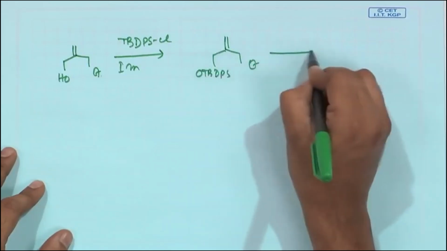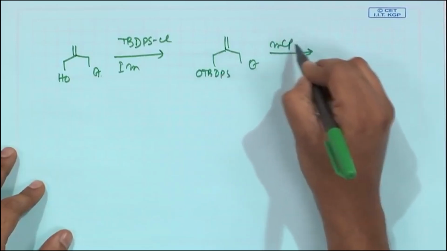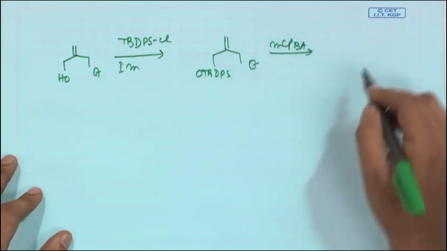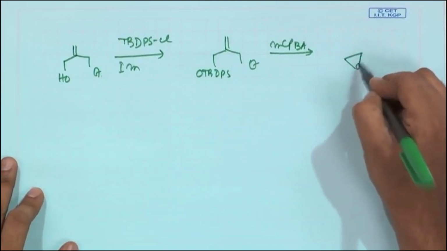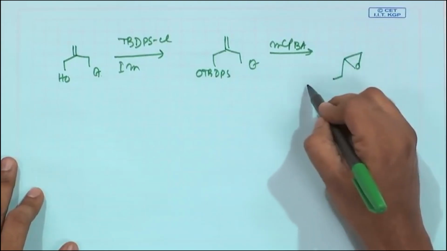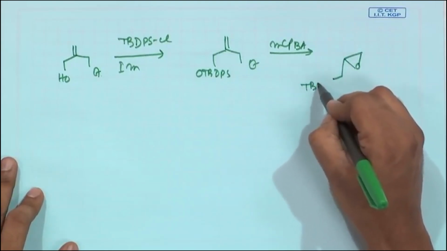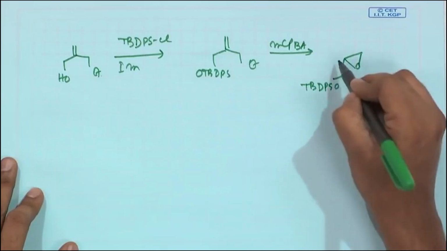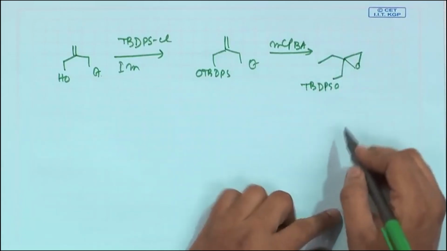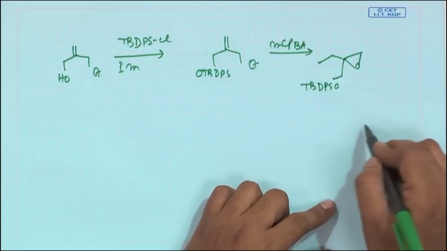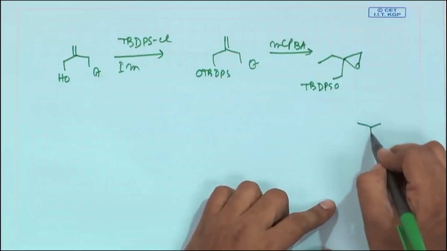You use mCPBA as an epoxidizing agent, and basically now you will get this epoxide. We will try to write it in this way. Now, here we will be using this anion.